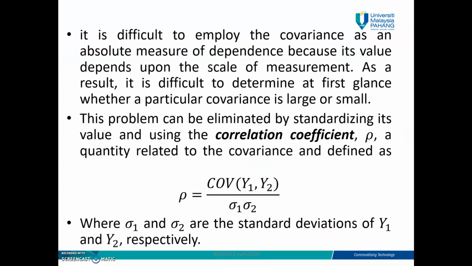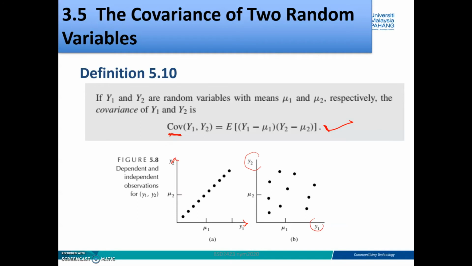So it is difficult to employ the covariance as an absolute measure of dependence, because its value depends upon the scale of measurement. As a result, it is difficult to determine at first glance whether a particular covariance is large or small. If you look at this figure, you can see there is a correlation, there is a covariance, but we cannot see how much the difference is, because it's difficult to measure.